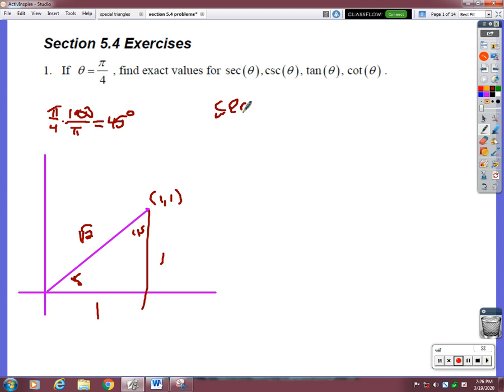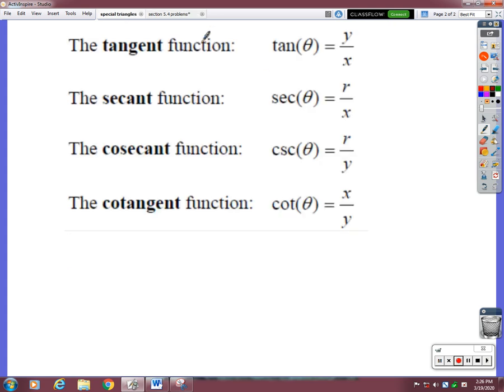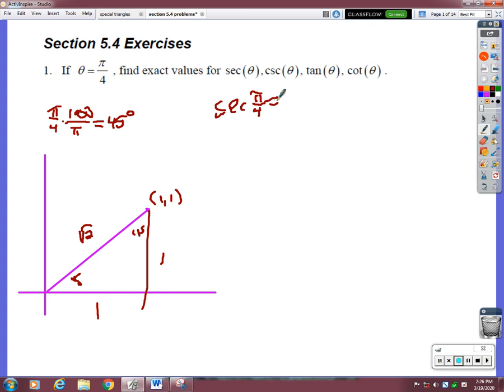So, secant of pi over 4, and you can go back and look in your notes as I go through these to find the sides of the special triangles and find the ratios that we're using for these trig functions. Secant is r over x, so that would be square root of 2 over 1, also known as square root of 2.